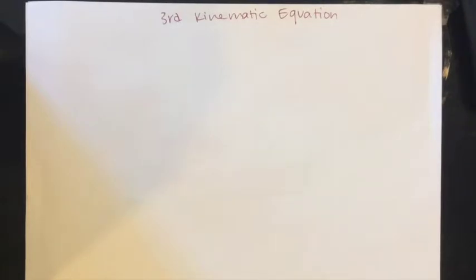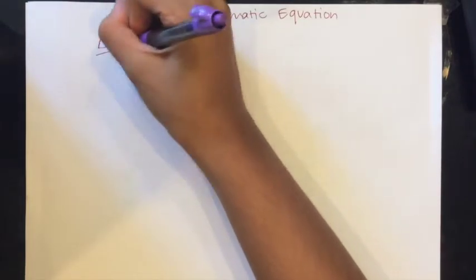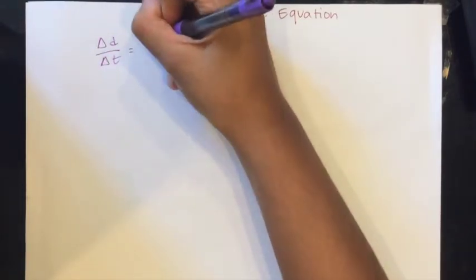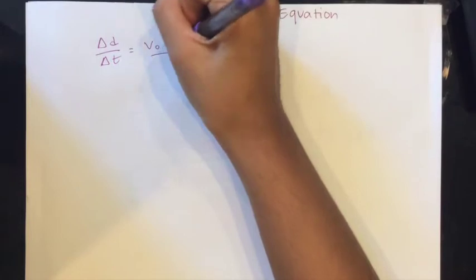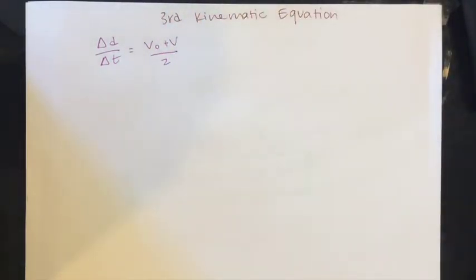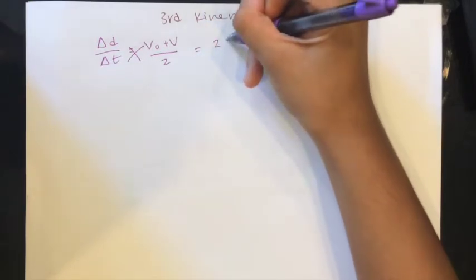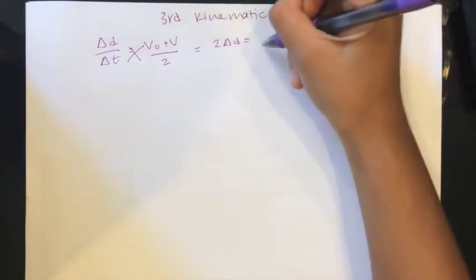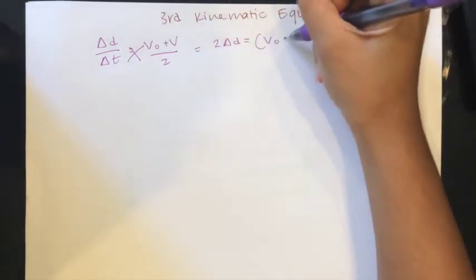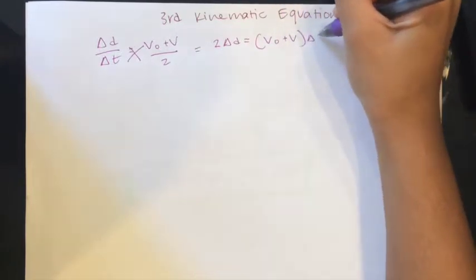In trying to find the third kinematic equation, you are as well trying to find velocity. From the second kinematic equation, we know that delta d over delta t equals (v naught plus v) over 2. If we cross multiply, we would get 2 delta d equals (v naught plus v) times delta t.